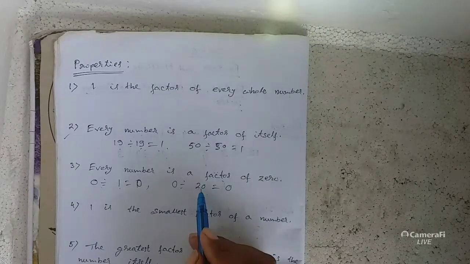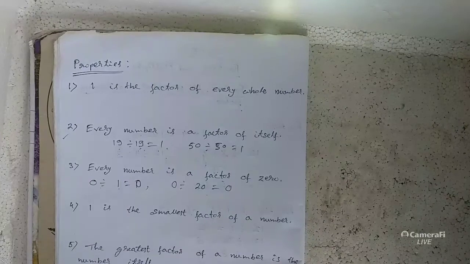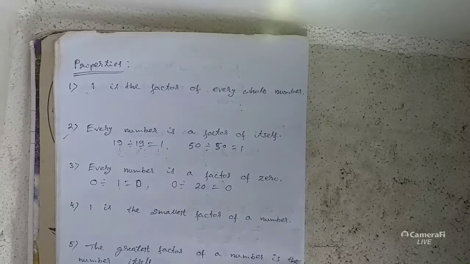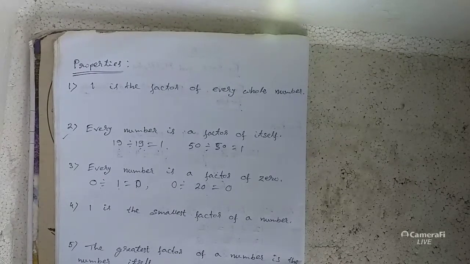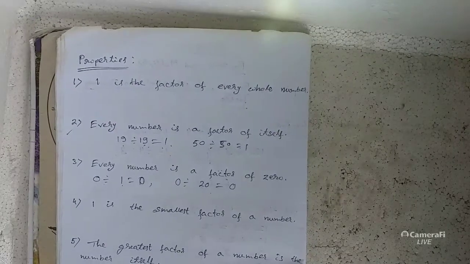So 20 is also a factor of 0. So every number is a factor of 0, but not 0 itself. 0 cannot divide 0, except 0, other numbers can divide 0. So every number is a factor of 0.